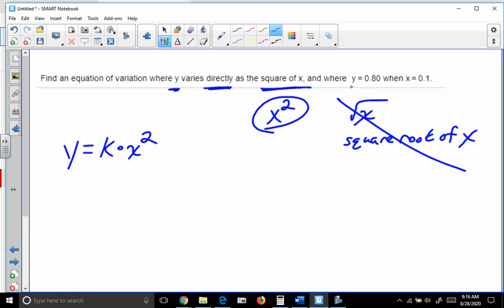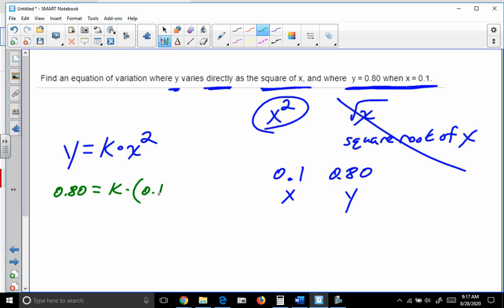So they give us a data point telling us when x is 0.1, y is 0.80. So we can find our equation because all we need to know is k for our particular scenario. So we can put our y in. We can put in our x, and notice our x gets squared.